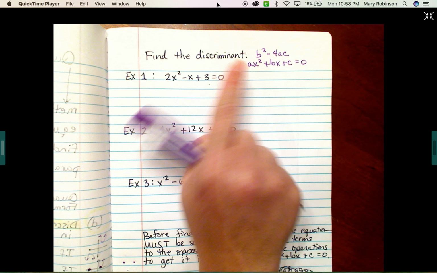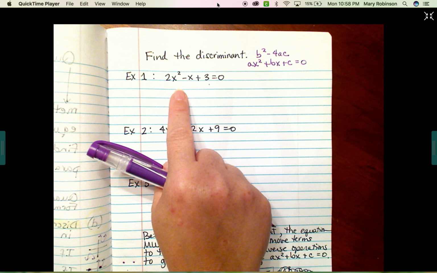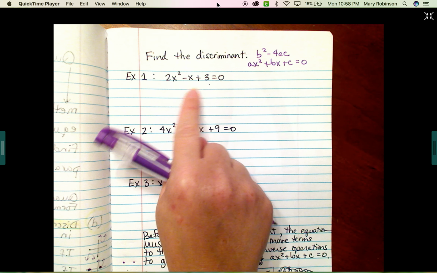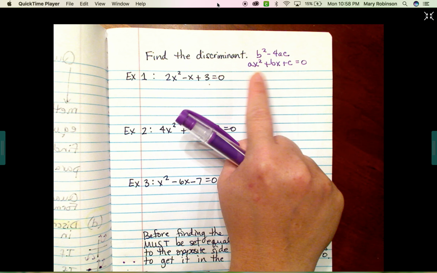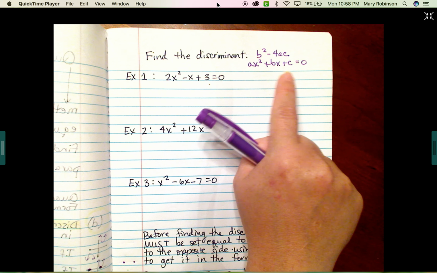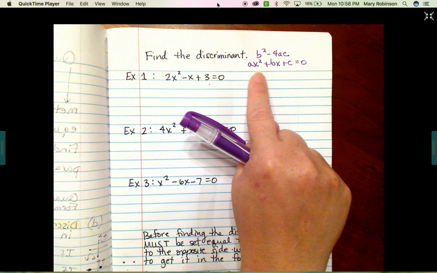So notice that this is already in this form. Every now and then you'll see a quadratic equation where the terms are in a different order. As long as you have a quadratic, meaning the x squared term, the linear term, meaning x to the first, and your constant, meaning a number by itself, then you have these 3 values.